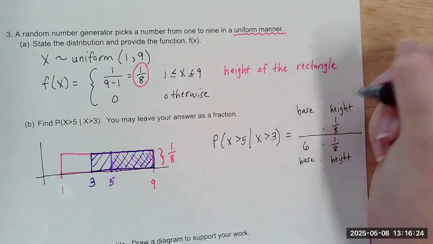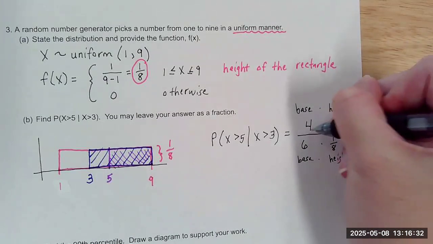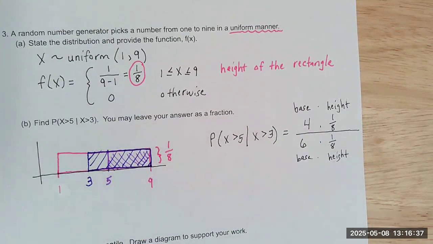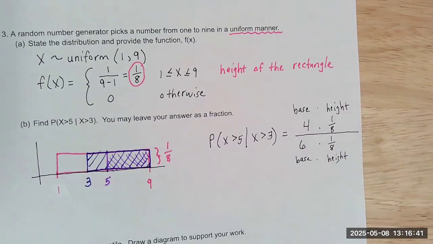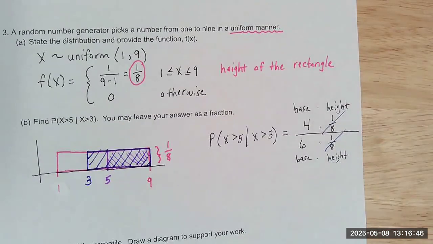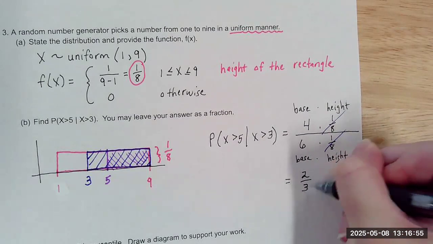What's the base if we're just going from 5 to 9? 5 to 9 is 9 minus 5, 4. Is that okay? Cool. Now, 1/8 is in the top and 1/8 is in the bottom, so are you cool with me canceling those out? So your answer is going to be 4/6, which we could simplify to 2/3.